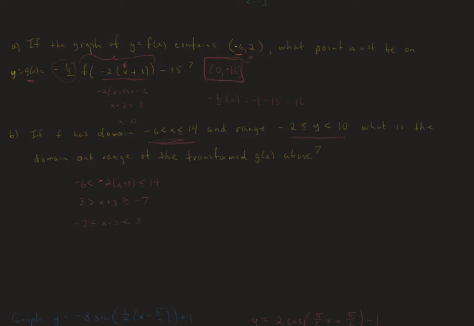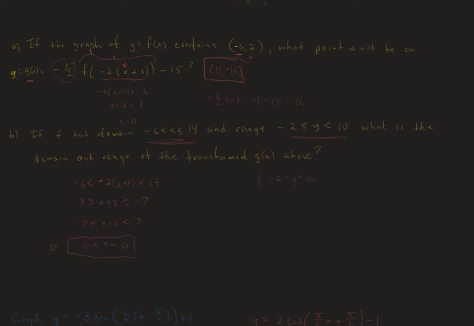Then we'll subtract 3 from everything and get negative 10 to 0. And this will be our new domain of that transformed function. Then the range, we're going to multiply, so we have our negative 2 less than or equal to y less than 10.